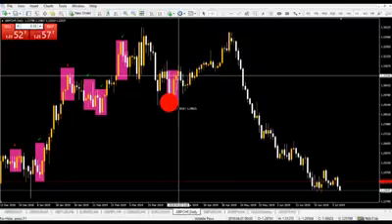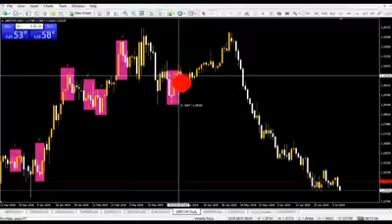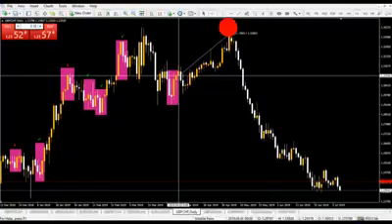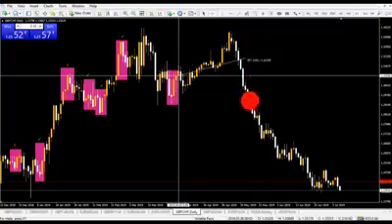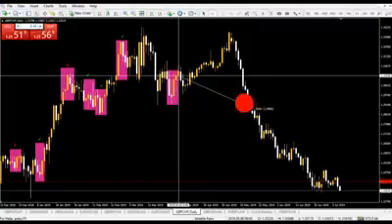We wouldn't have been taken out. Let's go to our highest peak, and we're looking at potentially 294 pips. Eventually, down here, we would have been taken out.